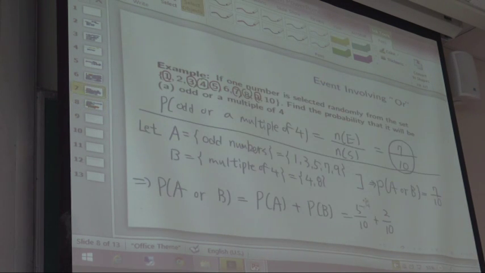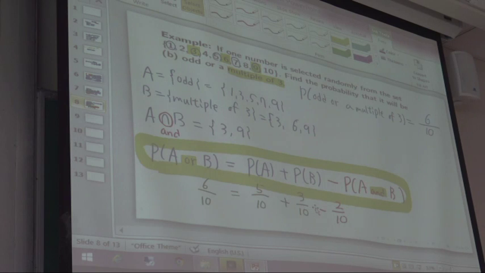But when there is no overlap, then the probability of A or B is just the probability of A plus the probability of B. So we have two formulas for the theory.